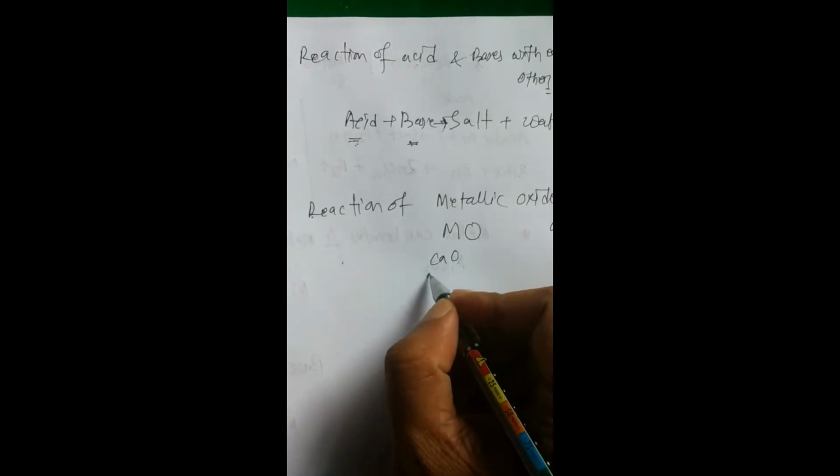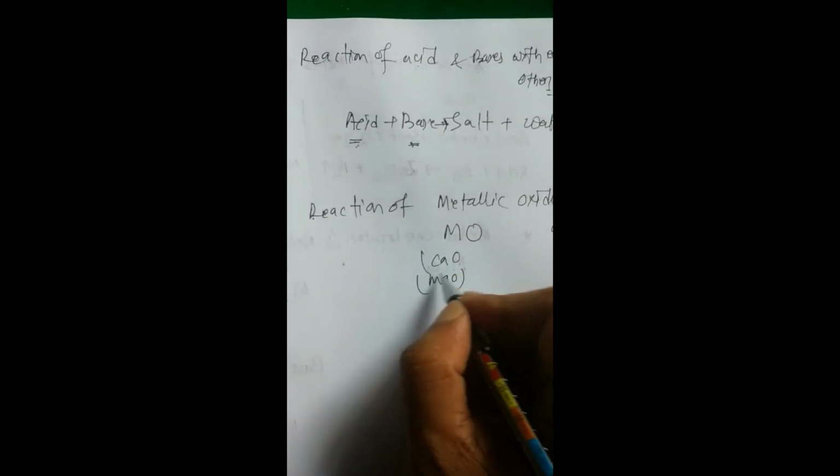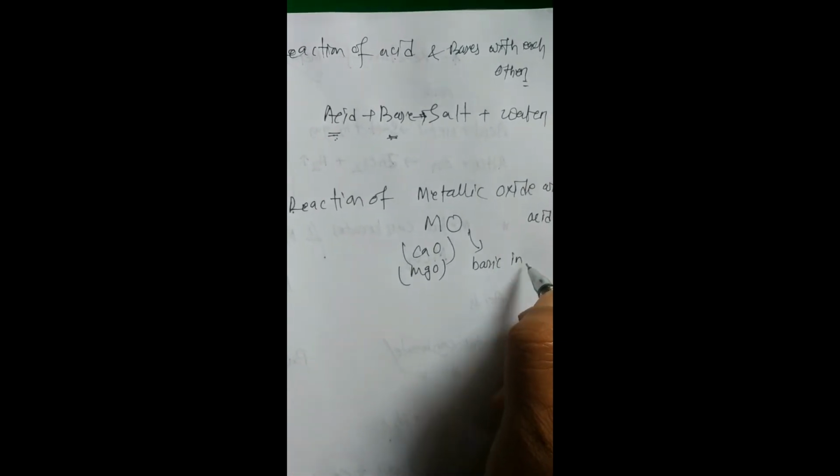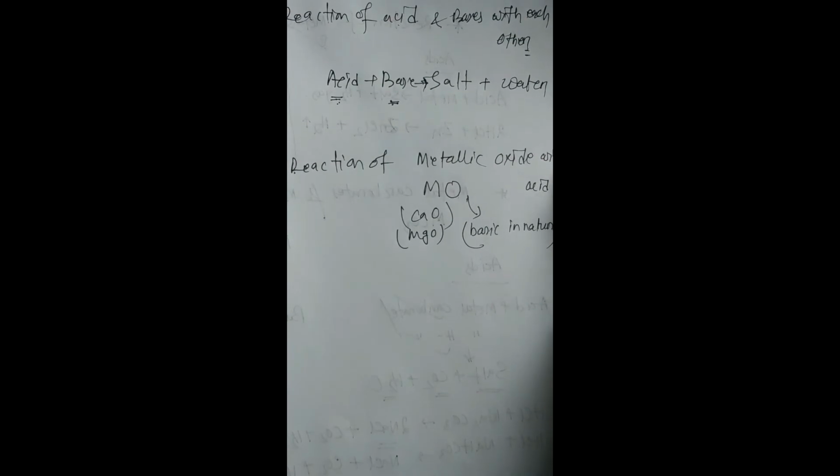Suppose calcium oxide, magnesium oxide, these are metallic oxides. These metallic oxides are basic in nature, so they have a tendency to react only with acid, because with a base no reaction will take place.